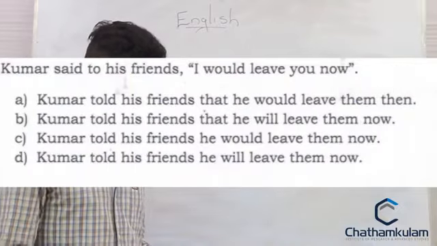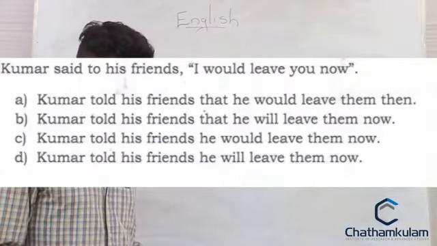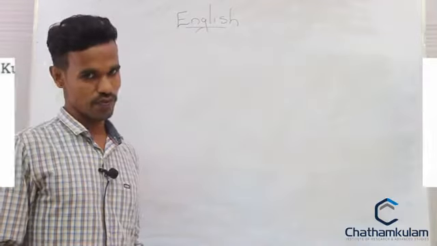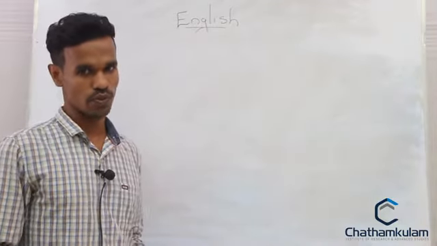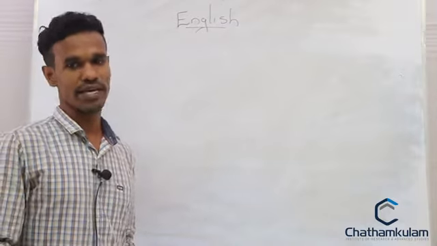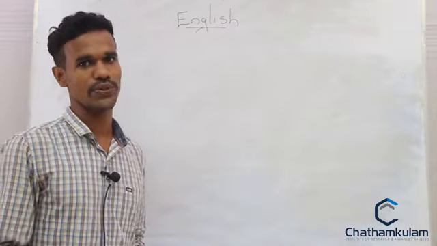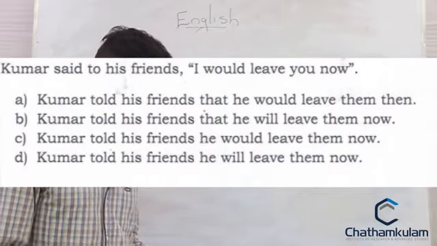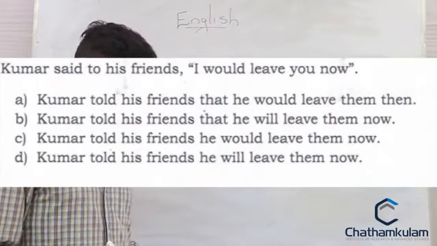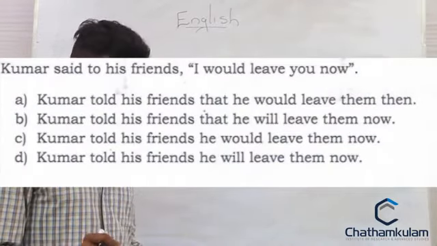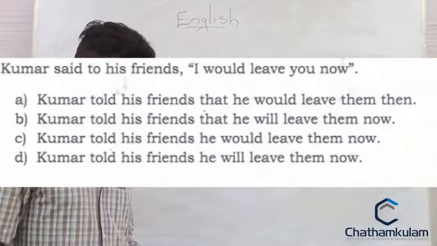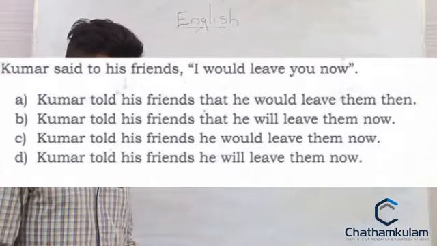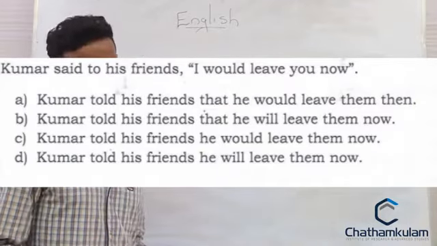Second question is about Kumar said to his friends, "I would leave you now." So what is put in the inverted commas, "I would leave you now", you want to change into indirect speech. Let us see the options. Kumar told his friends that he would leave them then.